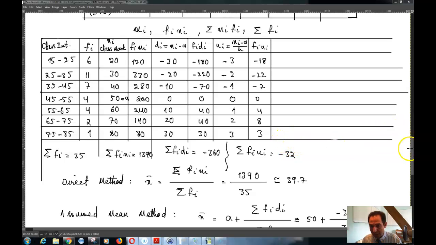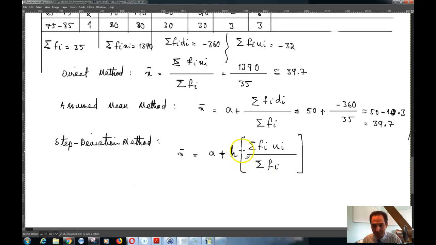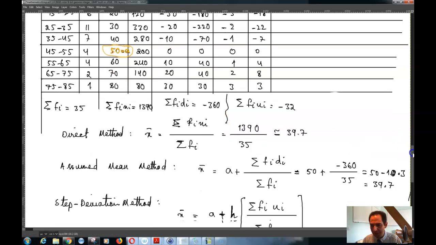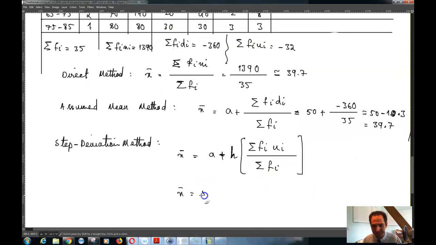So now that I have sigma f of I u of I, and I have all of the other values that I need, I can write x bar is equal to a, which was over here 50, so a is equal to 50, h is equal to 10, times sigma f of I u of I, which is equal to negative 32, over sigma f of I, which is equal to 35.